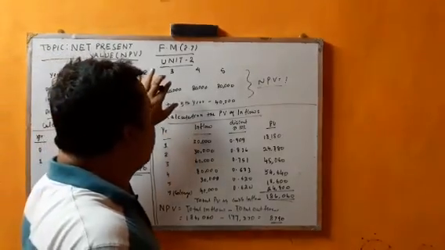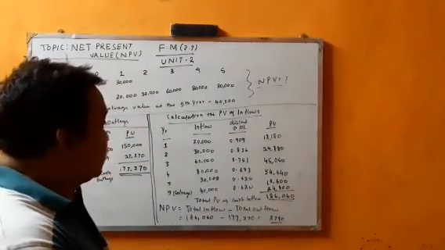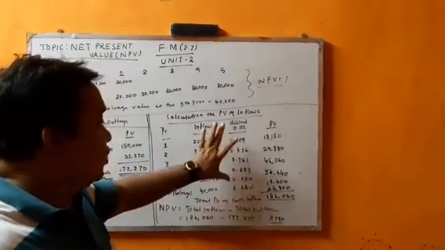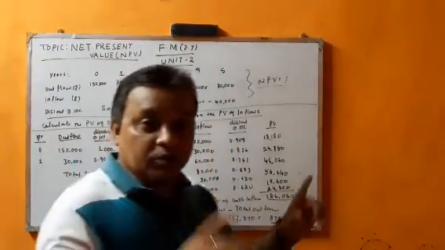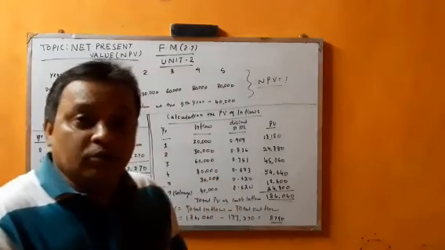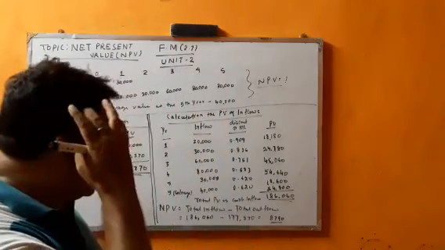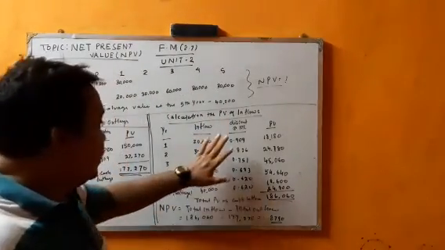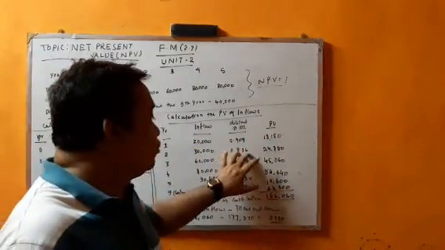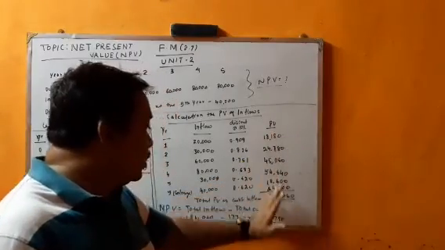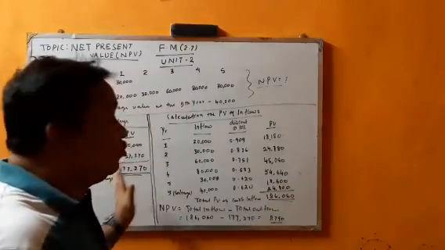Very easy to calculate. I will give you the sheet, meaning the table, which shows different rates and different discounting factors with different values, and you have to pick them out. 20,000 into 0.909 gives this value, 30,000 into 0.826 gives this value. You take as many years as given, total them all, and then we can compare.